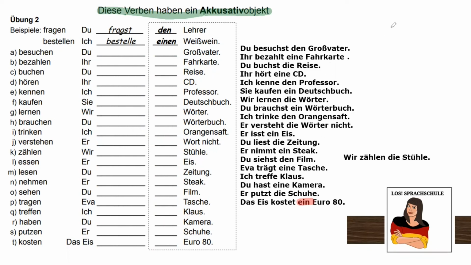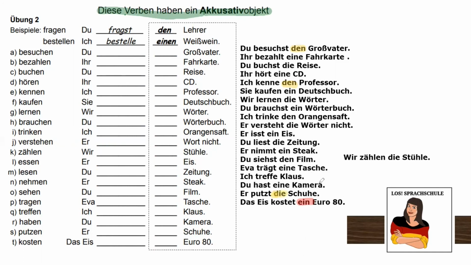And the second thing I want to say, sometimes the meaning can change, and it's logical also, if you choose the wrong article. For example, the first one, du besuchst einen Großvater would mean you visit a grandfather, a random grandfather. This makes no sense. Another example, ich kenne den Professor, ich kenne einen Professor. I know a professor. This also is not so wrong like the grandfather, but it's a total different meaning.